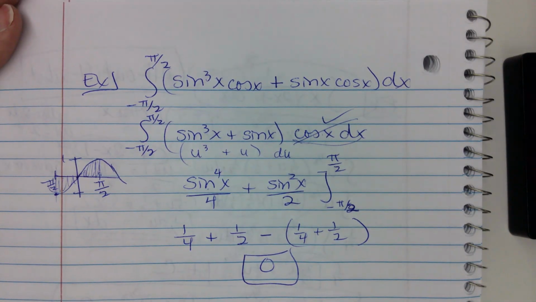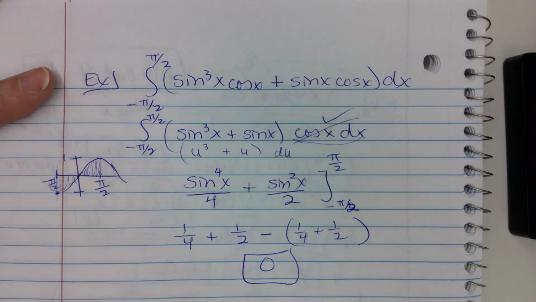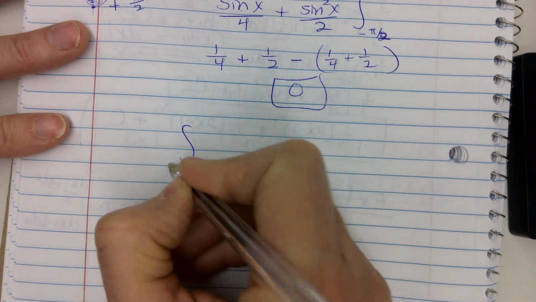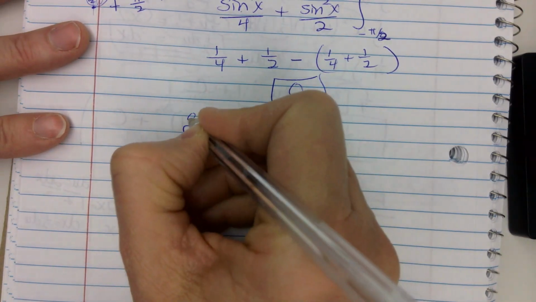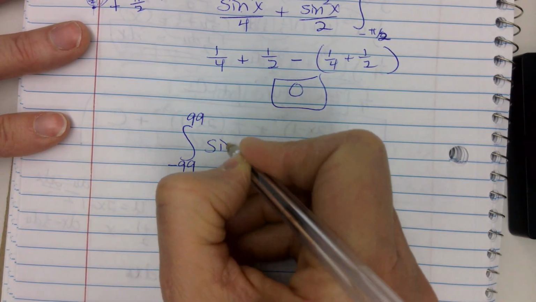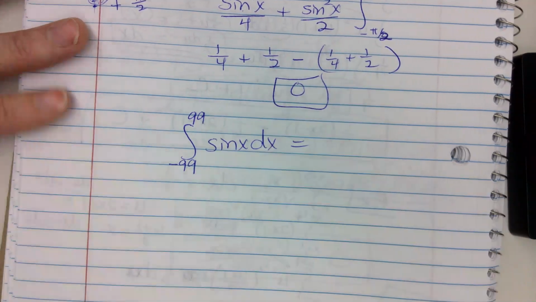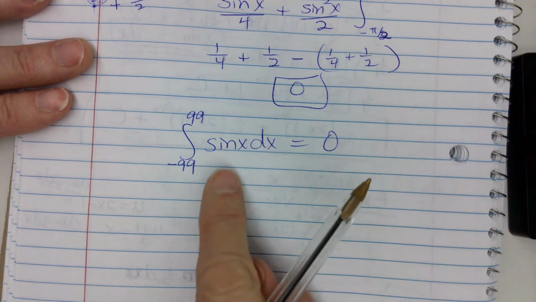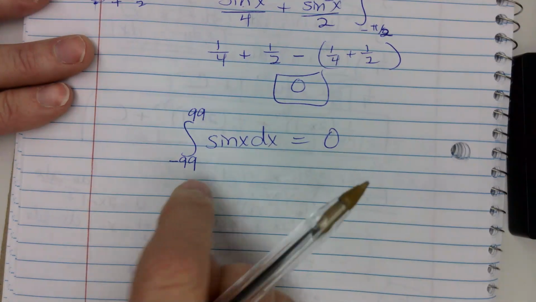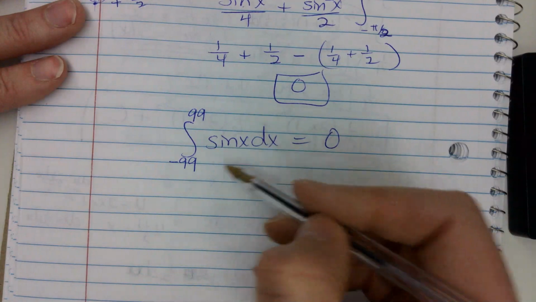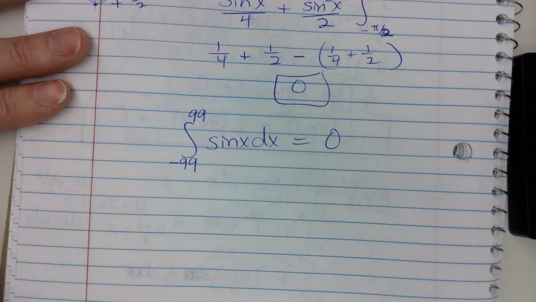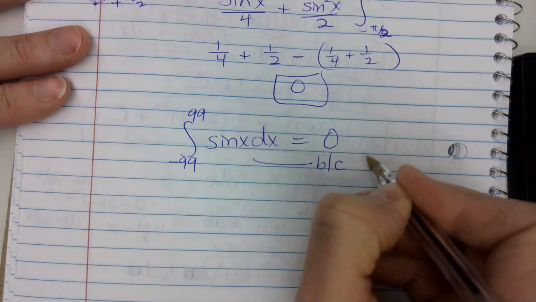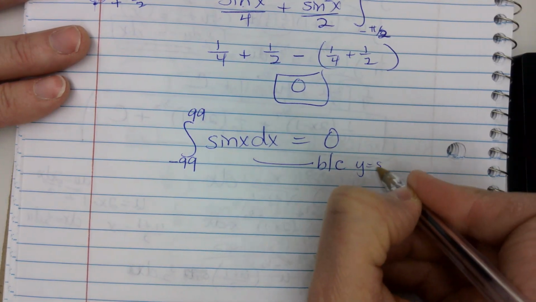I didn't see it from the start, but if I give you negative 99 to positive 99 of the regular sine of x dx, do you know what your answer will always be? 0. If this is an odd function, and those are the same number, the area above will always cancel with the area below. If you had to prove it, you could say, because y equals sine of x is odd.